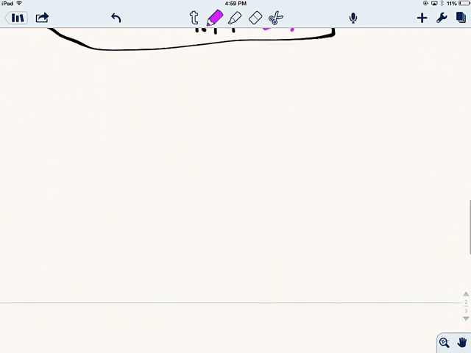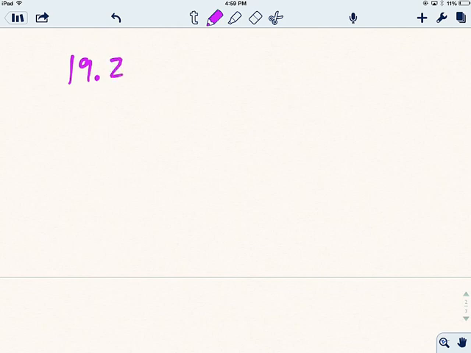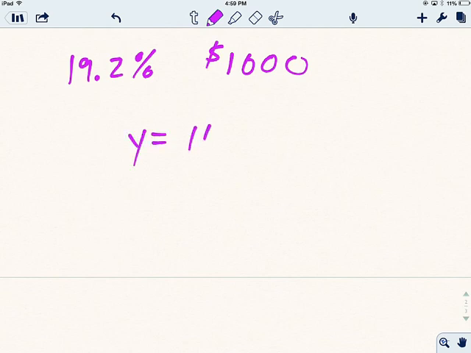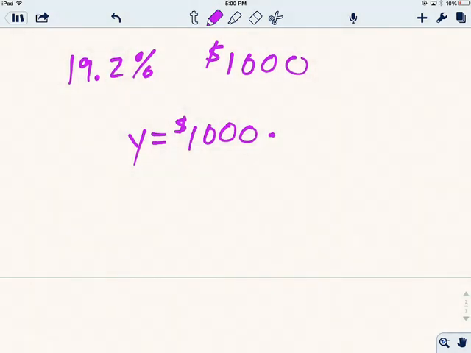As a for instance, if I wanted to write a similar problem that had an interest rate of 19.2% and a balance of $1,000, I know that it starts at 1,000 and that it's going to multiply by something, because a percent increase is always an exponential function here.